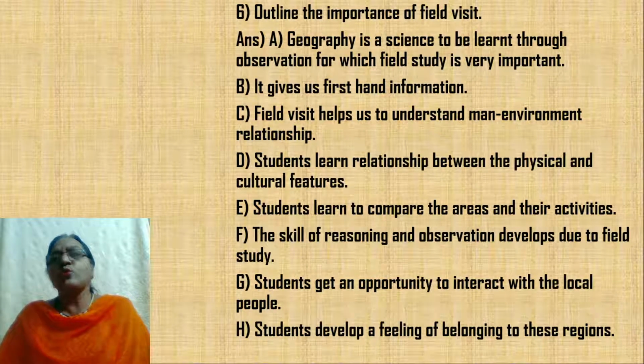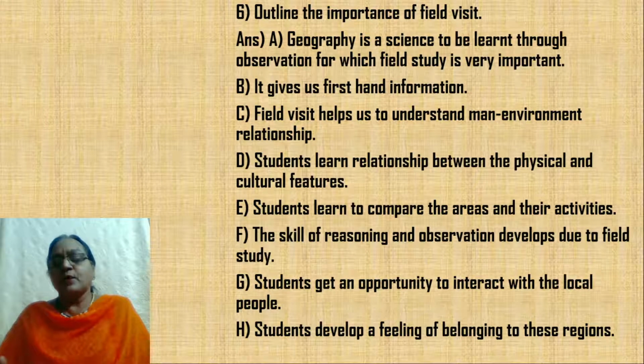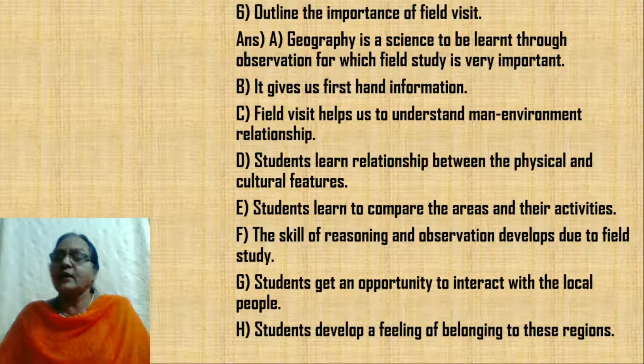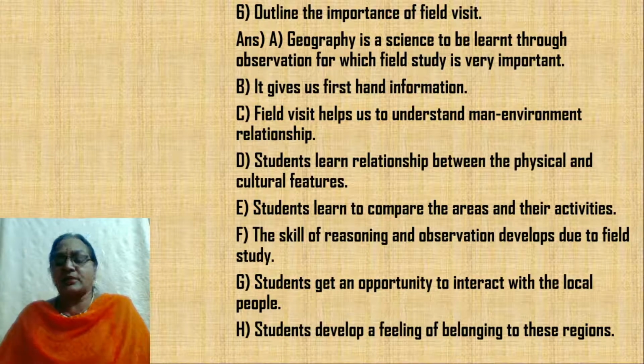When you know you are visiting a place on the bank of the river, you know the soil is fertile, this region gets plenty of water. So what is the activity here? Immediately you conclude that agriculture will be the activity. So here students learn to compare areas and their activities.